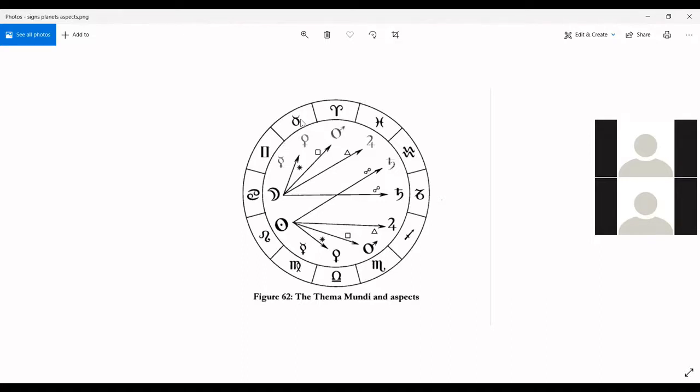Taurus is 60 degrees away from Cancer. Coming this direction, Leo is 30 degrees, Virgo is 30 degrees, Libra is 30 degrees. Virgo is 30 degrees away from Leo. Libra is 60 degrees away from Leo, meaning that Venus's signs, and remember, Venus rules Taurus and Libra, are 60 degrees away, and that is why the sextile is considered medium friendship.